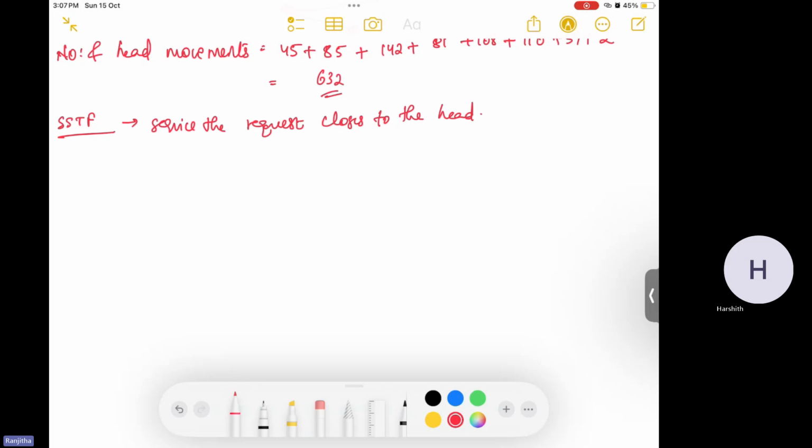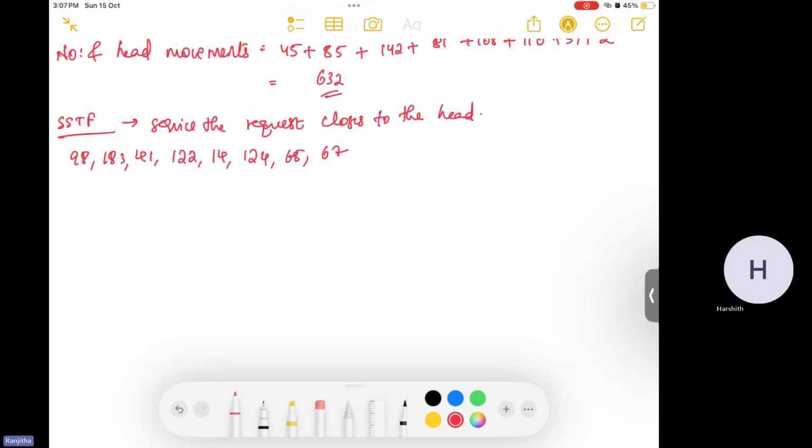So let's take the same example and see how it will be in SSTF. The requests are 98, 183, 41, 122, 14, 124, 65, and 67.